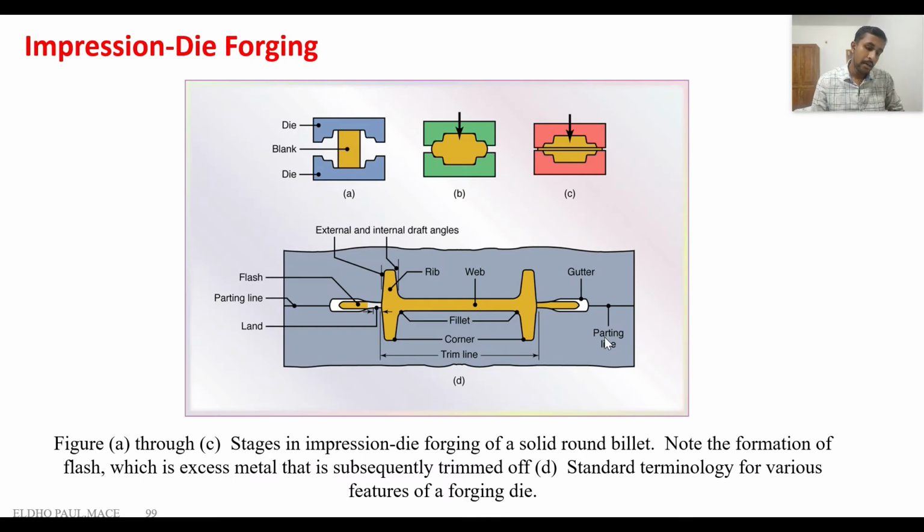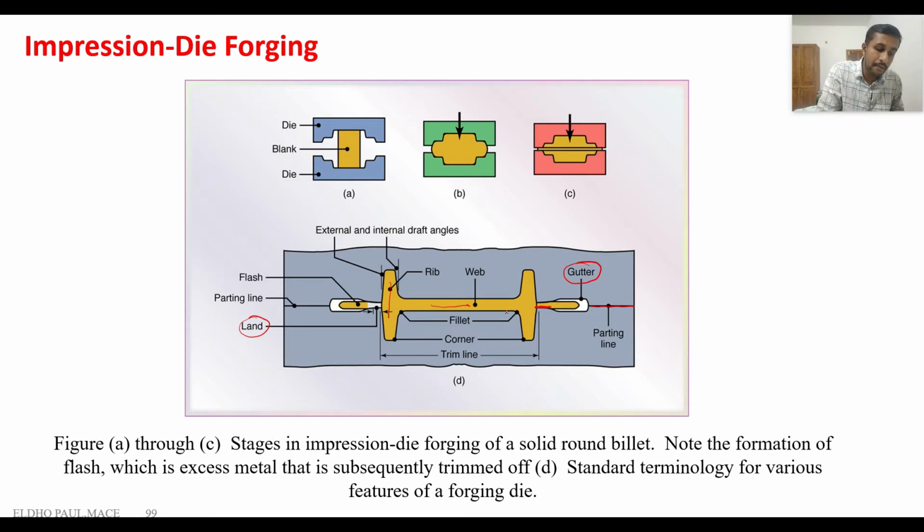And when we look at the different terminologies in the impression die forging, we can see this is the gutter region. I already explained that this flat, horizontal region of the flash is called land, and this region is called gutter region. This is the parting line which is separating the upper die and the bottom die, and this is the web of the final workpiece, and this is the rib of the final workpiece.